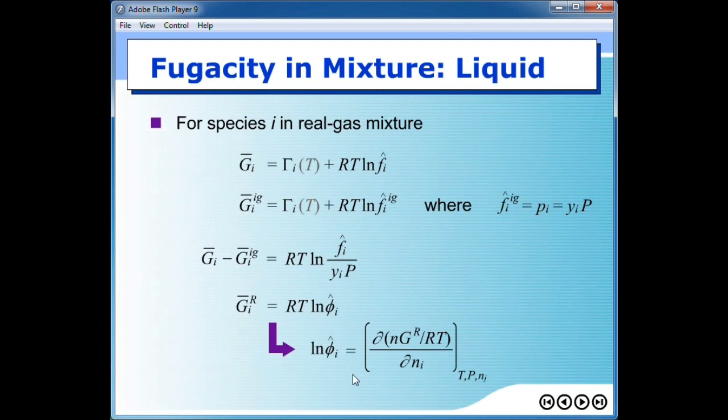And then in video number 3, we derived this equation further to get this relationship that tells us the logarithm of the fugacity coefficient is a partial molar property written as this equation. And the right-hand side can be evaluated using the compressibility factor, which you can convert into measurable variables using an equation of state.